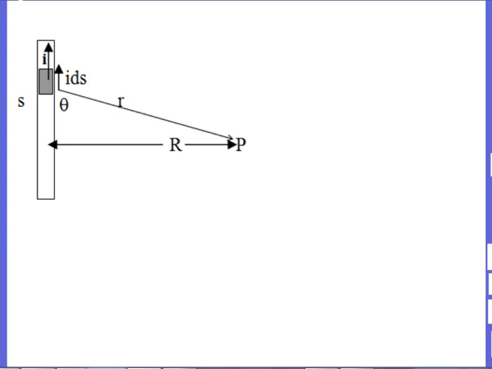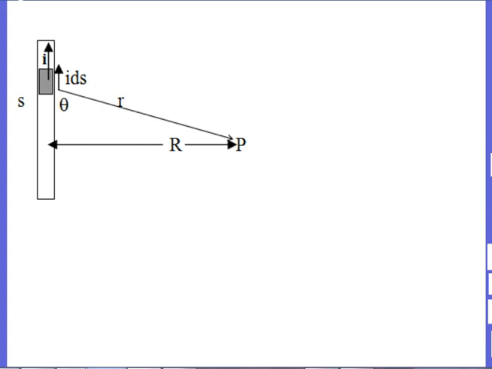For example, I would like to know what the magnetic field is from an infinite wire carrying a current I at this point P that is capital R away from the wire. So what do you do? You cut up this current into little infinitesimals of current, i ds.